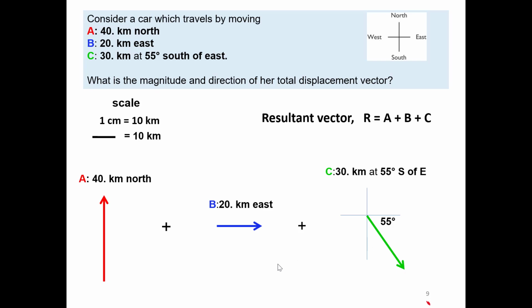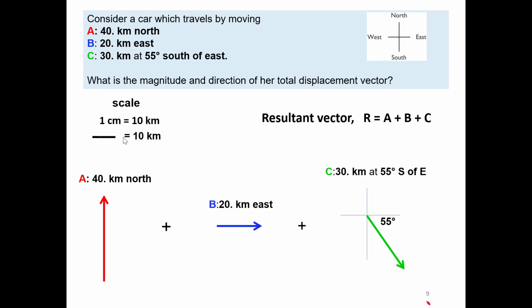What we will do first, we will learn how to graph vectors, and then we will try to add these three vectors in the next slide. First, learn how we can graph vectors. To graph vectors, if we want to add these three vectors, the first thing we need to choose is the scale, and we need to use the same scale to graph all the vectors.